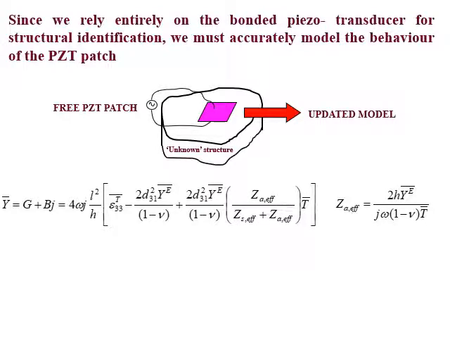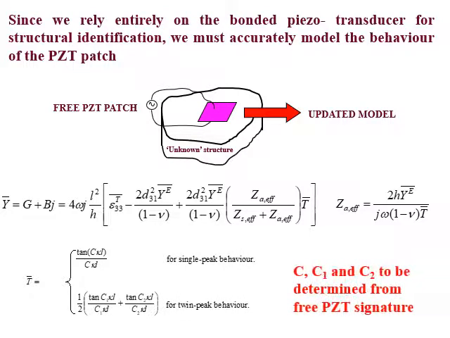So we introduce here a correction factor. Single peak behavior means that we are getting only one peak, and twin peak means that there are two peaks. What is the reason for twin peaks? Twin peaks come into the picture when the size of the PZT patch deviates a little from a perfect square.